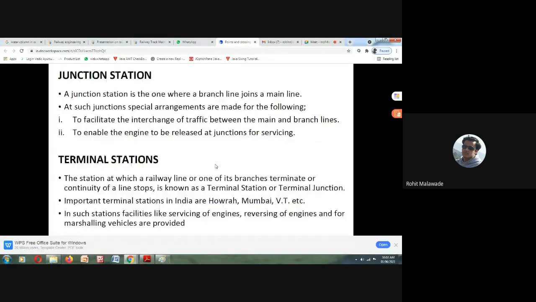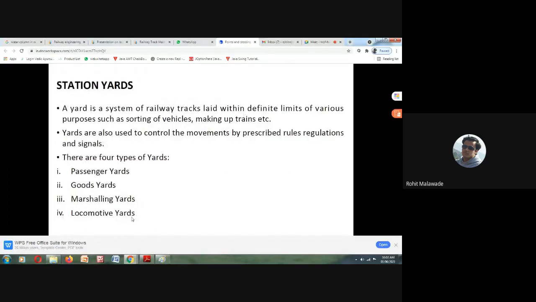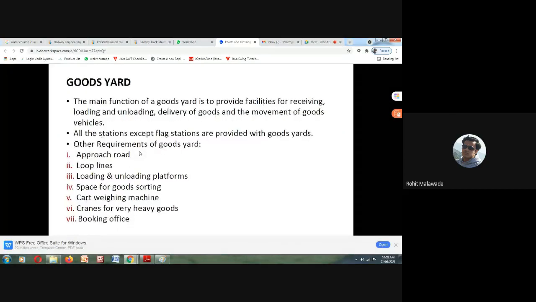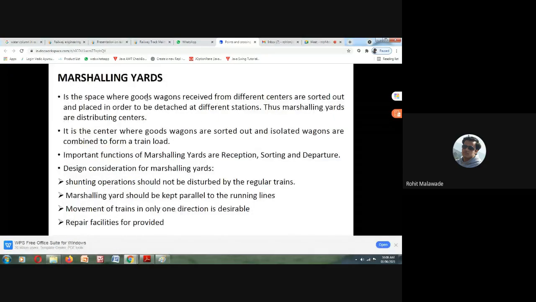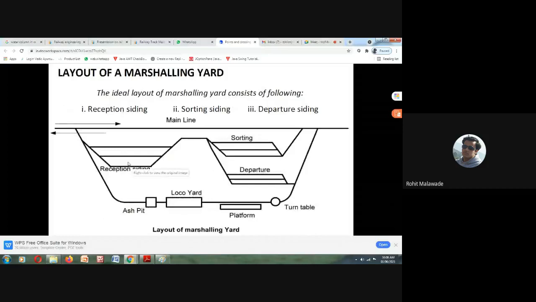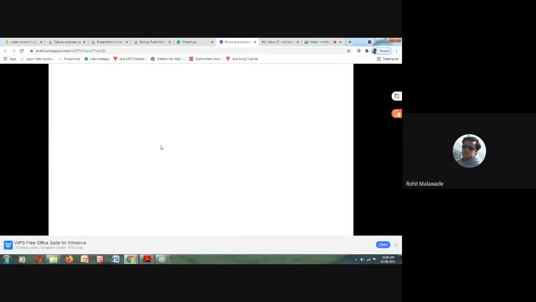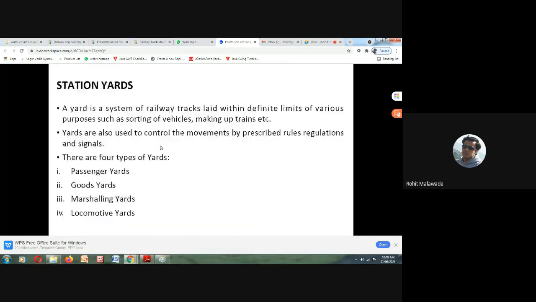In our next class, we will be seeing what a station yard is, then passenger yard, goods yard, marshalling yards, and the layout for marshalling and locomotive yard.